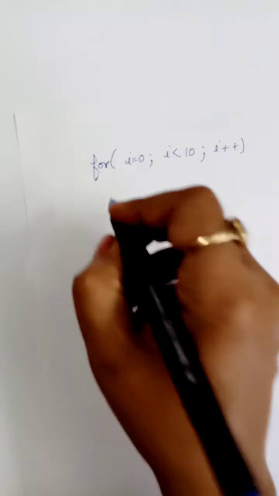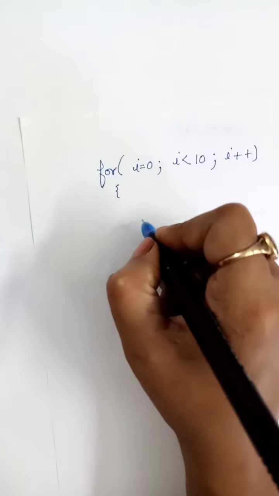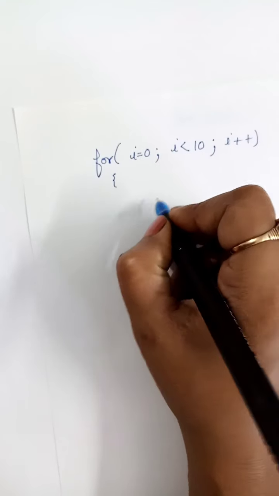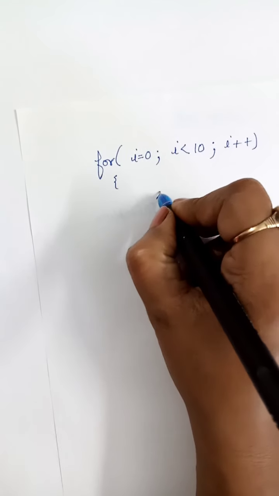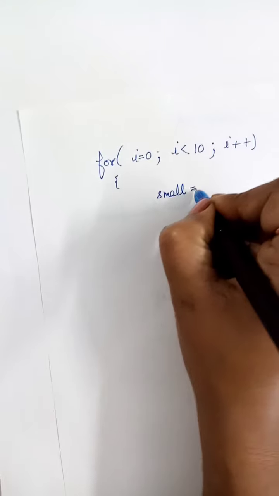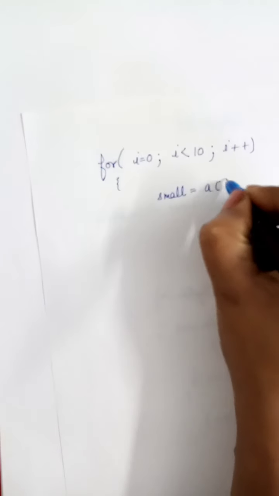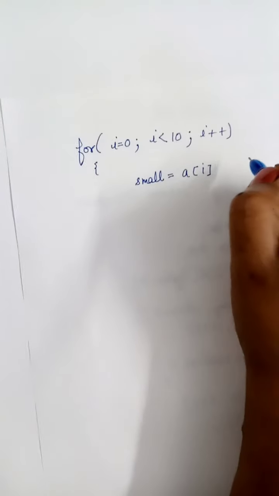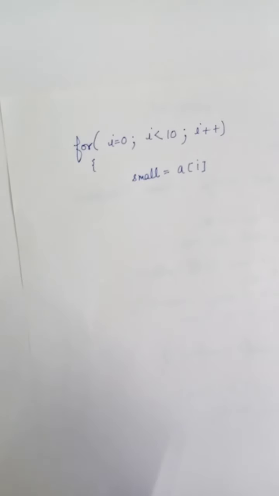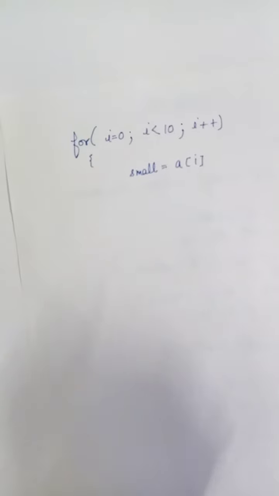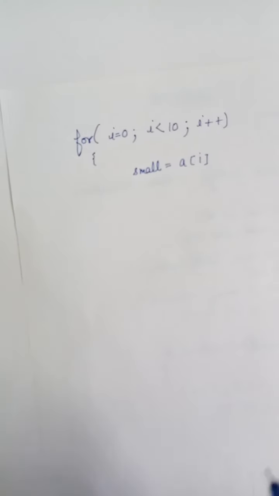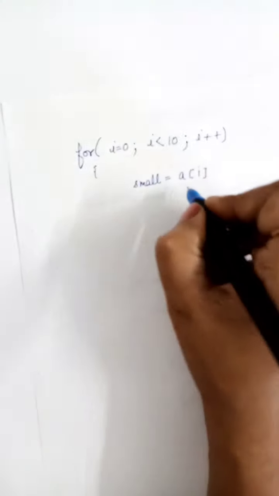We have a definite number of elements. Now what we'll do is small equals a of i. We suppose that we are getting the elements from the beginning, and whatever element we get first, that is the smallest element.